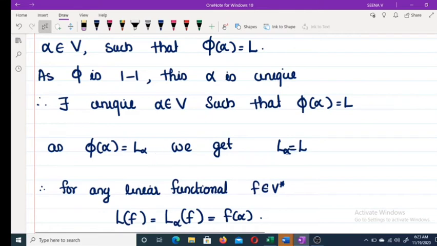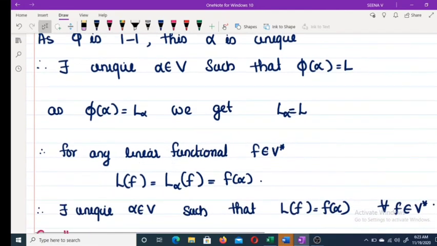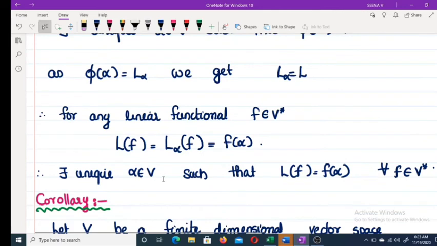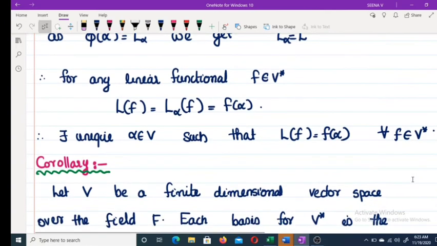Therefore, we get L alpha equal to L. Therefore, if you take any linear functional f on V star, L of f is the same as L alpha of f, which is equal to f of alpha. This is the definition of L alpha. So there exists a unique alpha belongs to V such that L of f equal to f of alpha for every f belongs to V star.